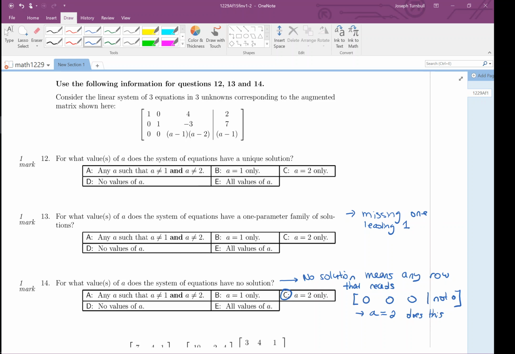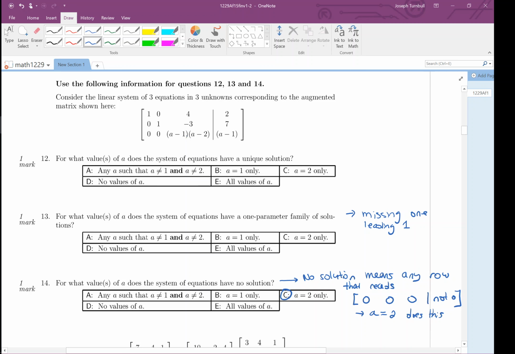And there can't be any rows that read 0, 0, 0, not 0. So missing a leading 1. The bottom right entry in A, the non-augmented part of the matrix, you want to make that a 0.